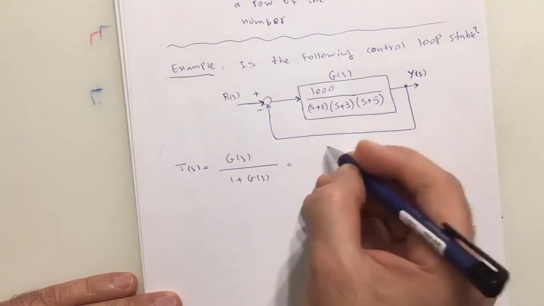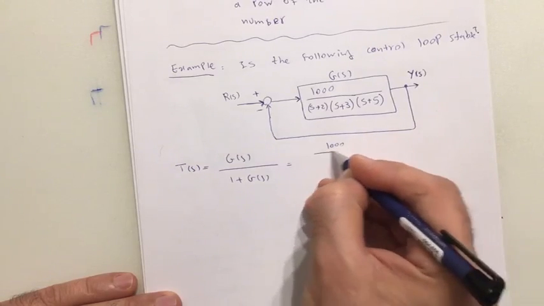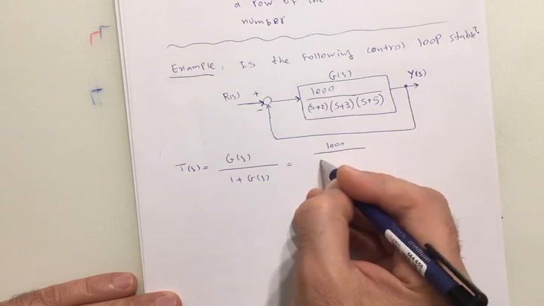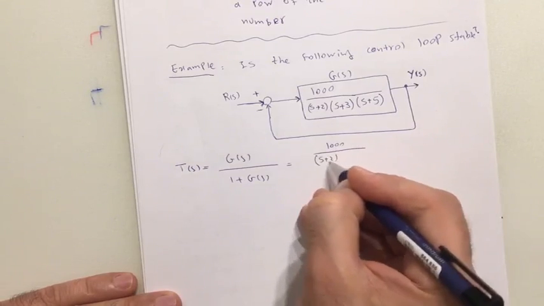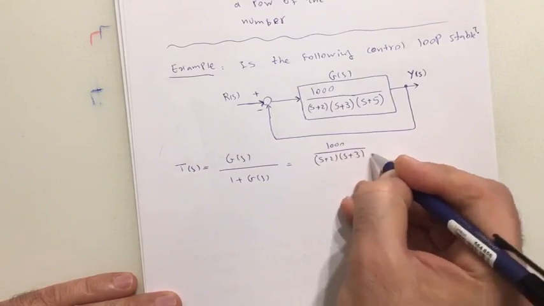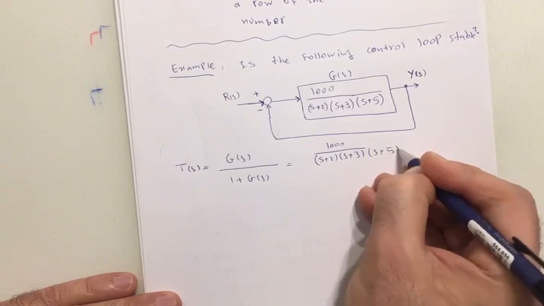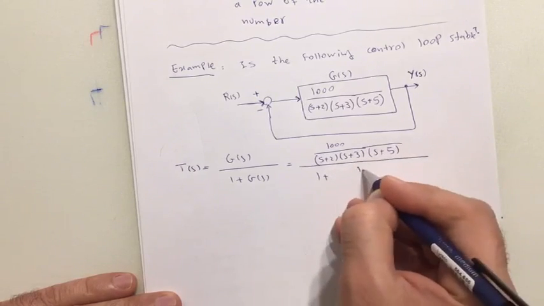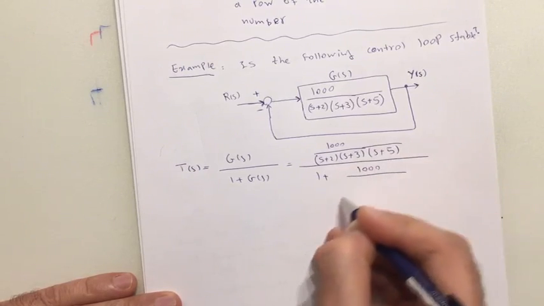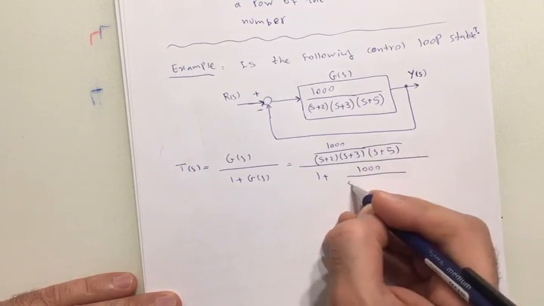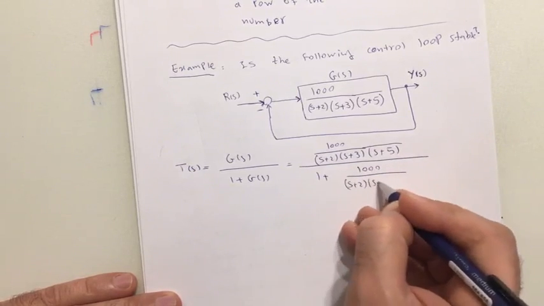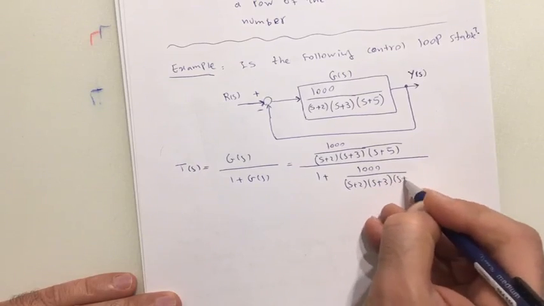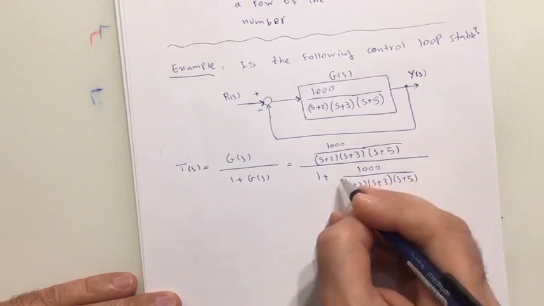So it would be 1000 divided by (s plus 2)(s plus 3)(s plus 5), divided by 1 plus 1000 divided by (s plus 2)(s plus 3)(s plus 5).